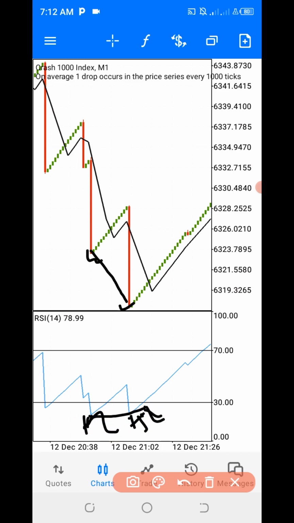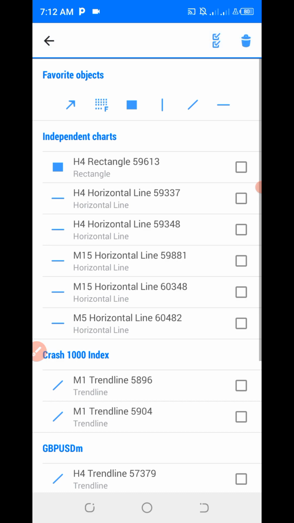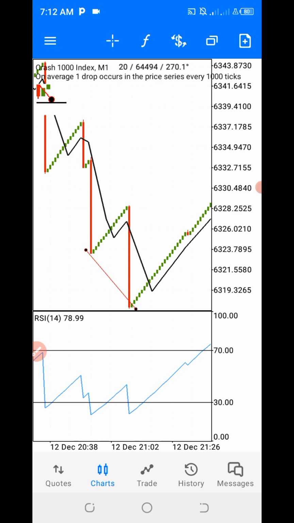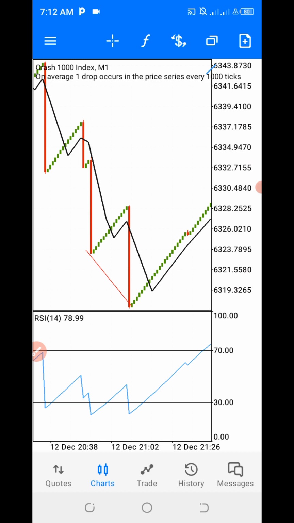Let me mark it with a horizontal line so you can see it clearly. So this is our higher low, and this is our divergence. So you have it, and it actually happened at our 30 level.